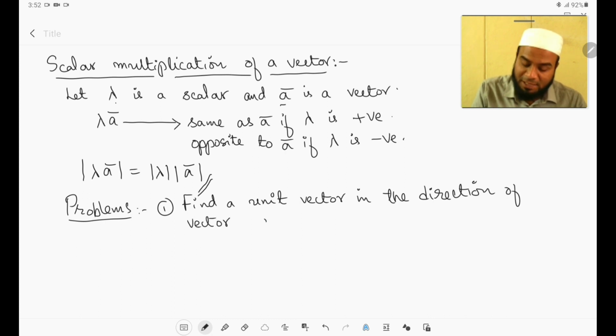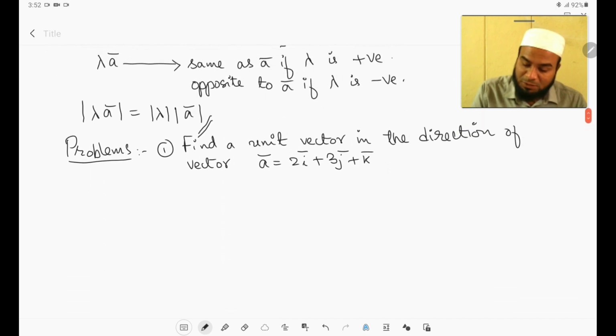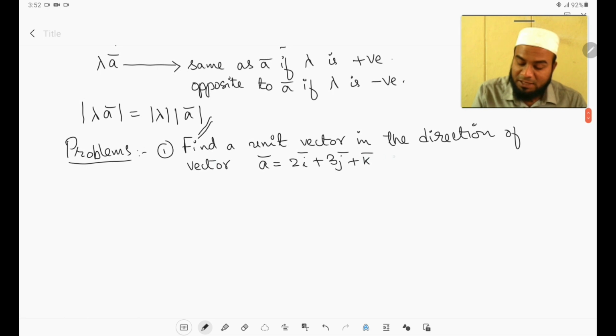One vector is given, a bar equals 2i plus 3j plus k bar. What is the question now? The question is to find a unit vector in the direction of vector a bar equals 2i plus 3j plus k.